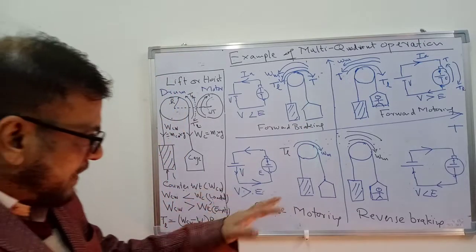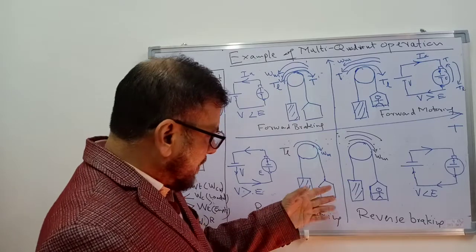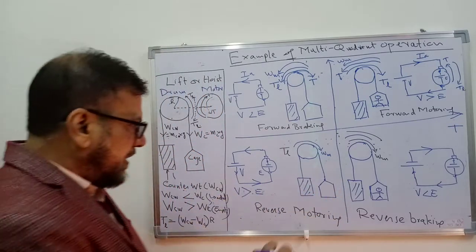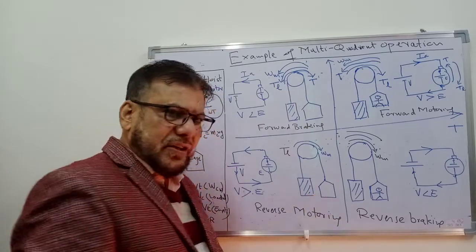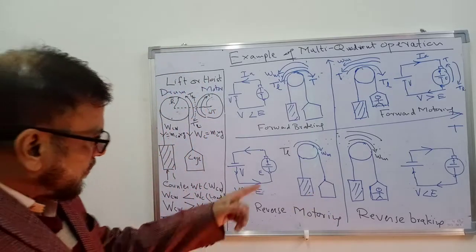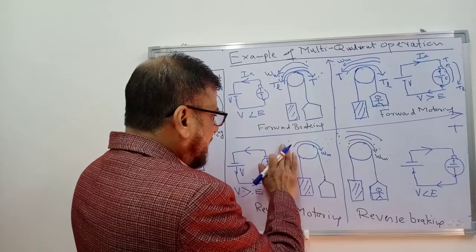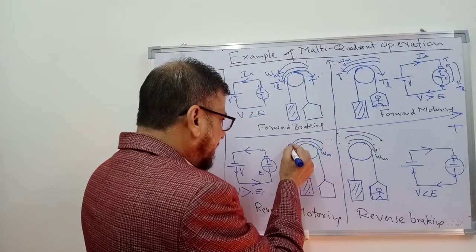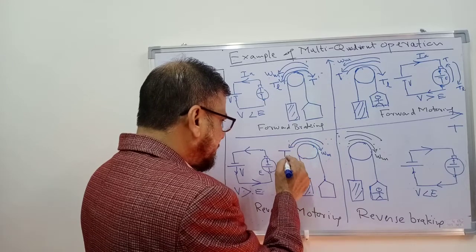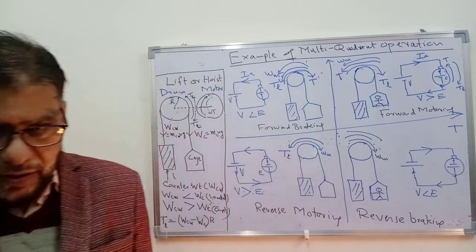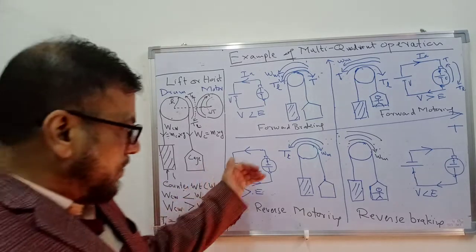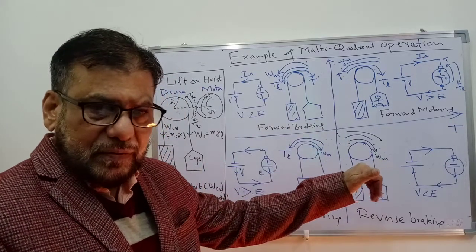Now we have to think whether the cage should be empty or loaded. For this, I have shown here the cage is an empty cage, so that the load torque is in this direction. Load torque is in counterclockwise direction, and we have to move the motor in the clockwise direction.